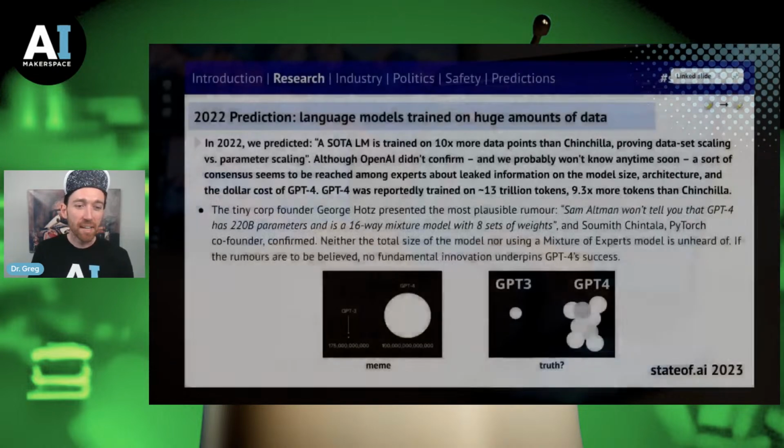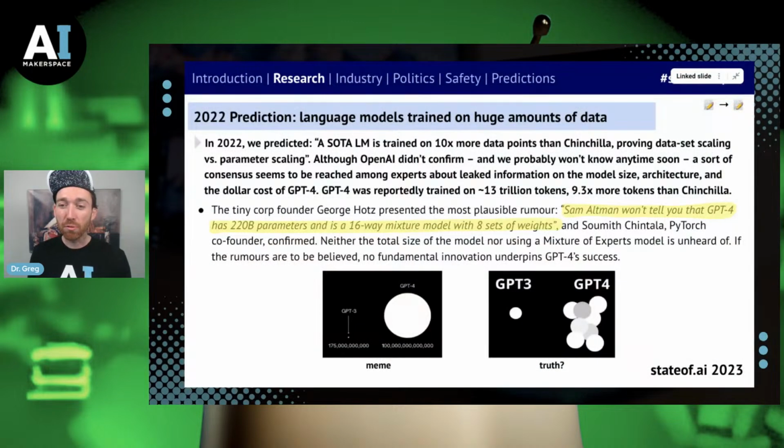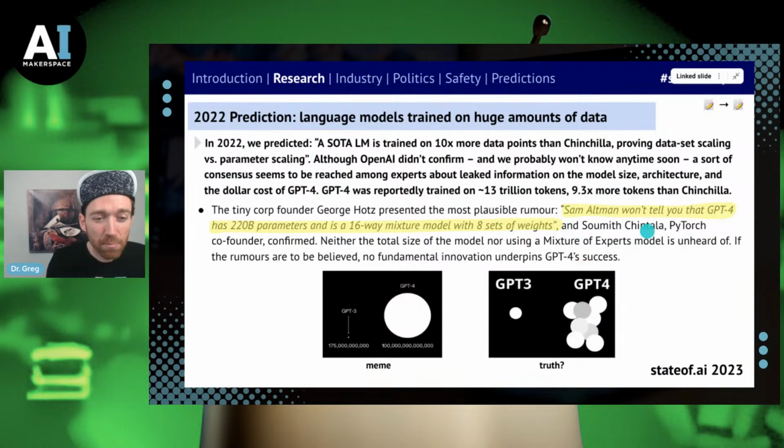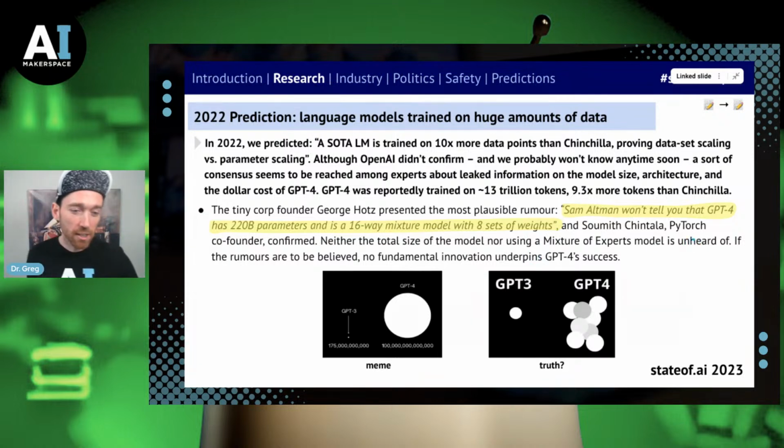For instance, this is from the State of AI 2023 talking about GPT-4, quote, Sam Altman won't tell you that GPT-4 has only 220 billion parameters and is a 16-way mixture model with 8 sets of weights, from the PyTorch co-founder, open source legend. This was an old meme that you might remember.